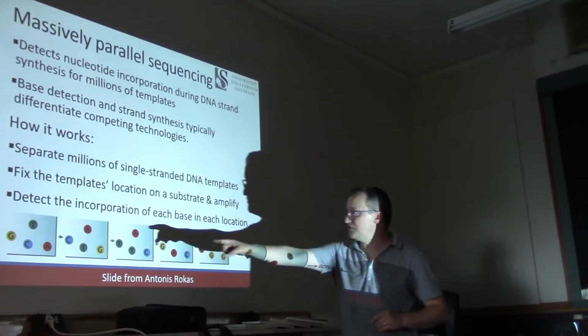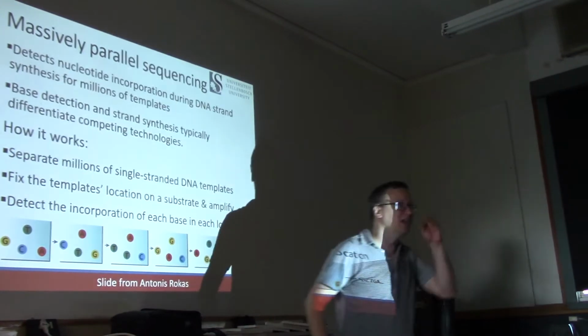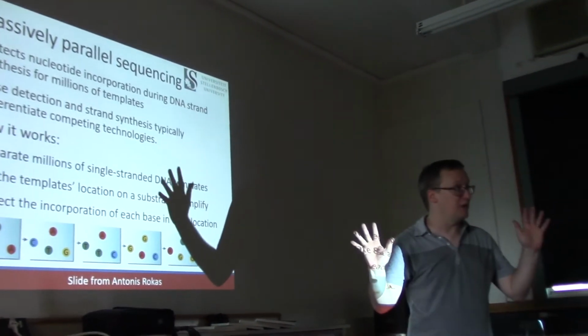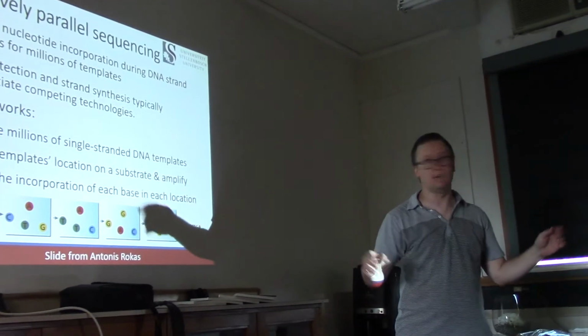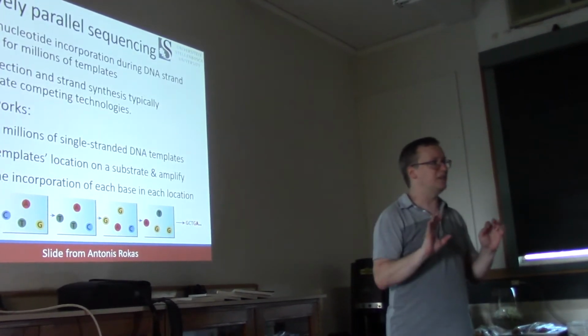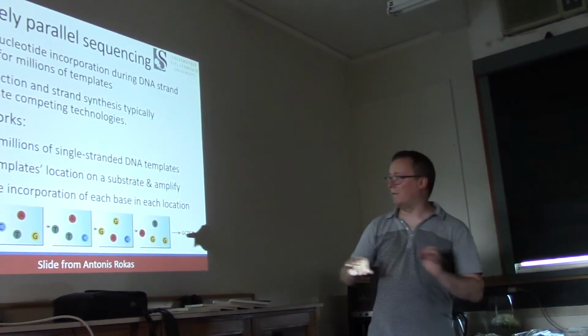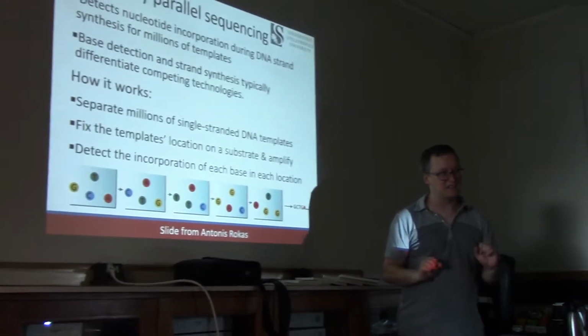So I want you to imagine that each of these little blue plates is our photocell. Now, in reality, we're going to have millions of spots here, not just 4. But this little frame-by-frame cartoon is going to help us understand how we can sequence multiple things at the same time.